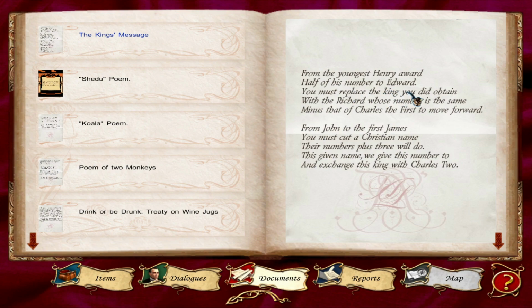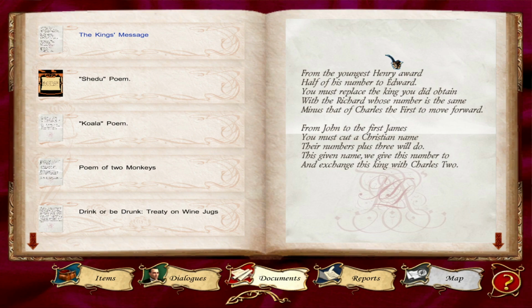Must replace the king you did obtain with Richard, whose number is the same minus that of Charles the First. I'm going to write this out as actual numbers because it'll make it way easier than speaking it aloud.